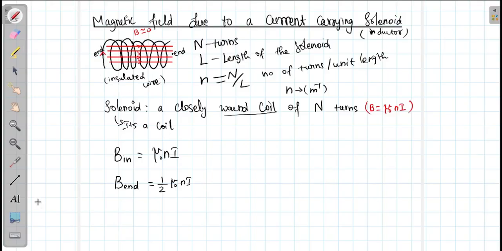And we have a graph. This one is the center of the solenoid, and this is the length.